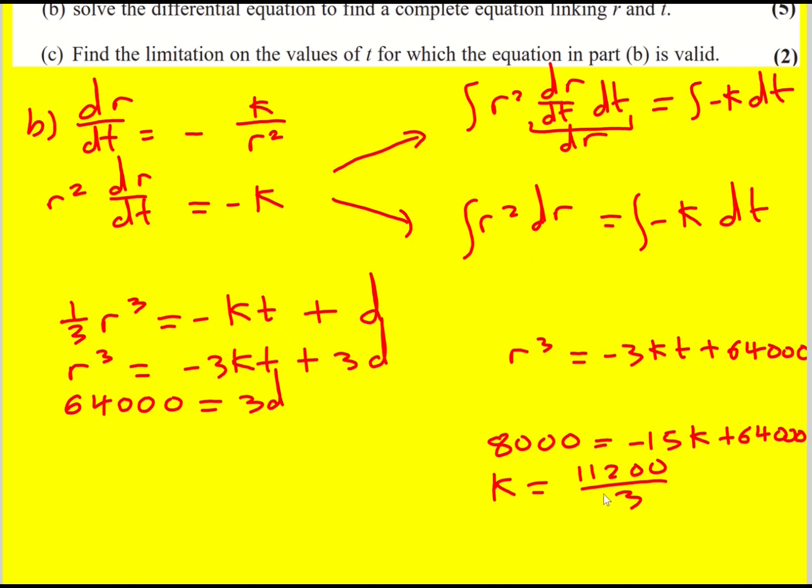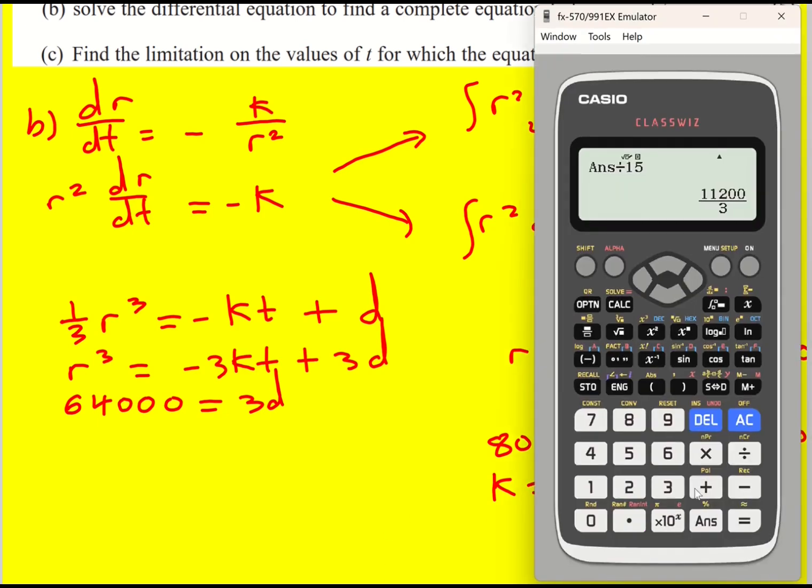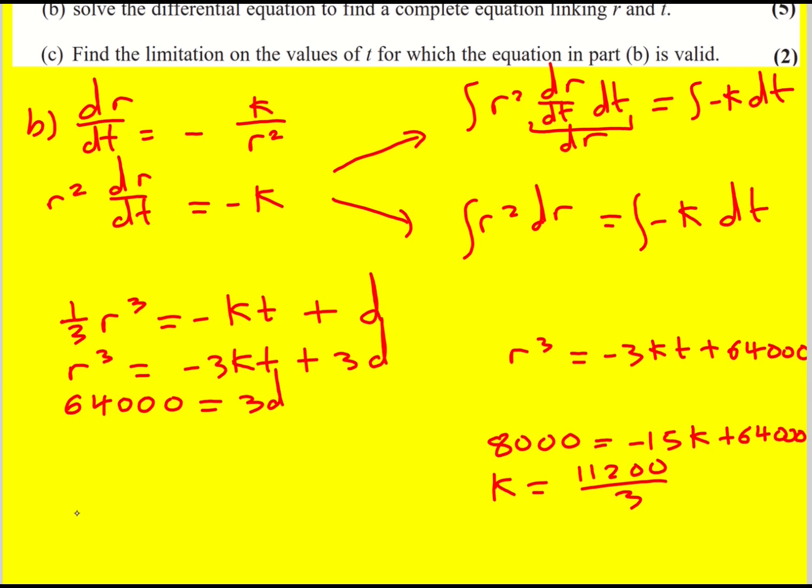Thing is, I actually want minus 3k, so if I times it by minus 3, you'll get to being a nice number again. So you might times by 3 after, but I just thought it would be better to do it before. Okay, so minus 11,200. So we've got r cubed is 64,000 minus 11,200t.